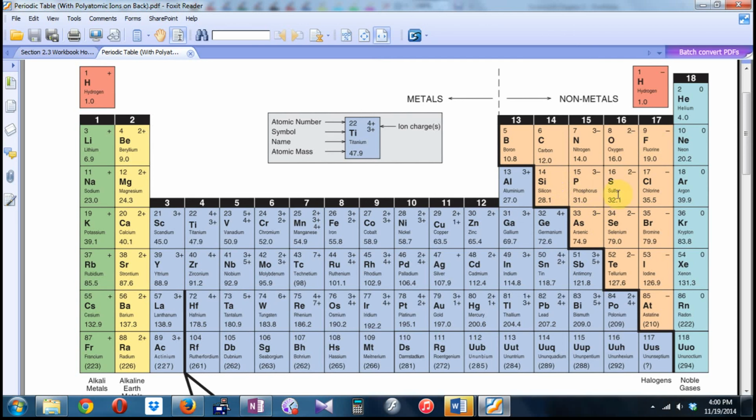Everything in this column here, silicon, phosphorus, sulfur, chlorine, when they become ions, they all have 18. So the number of electrons when it's an ion doesn't tell you what it came from. Good question. So that gives you some extra practice if you want.